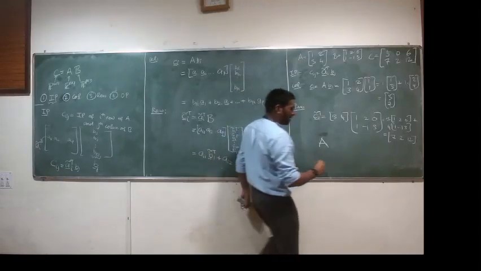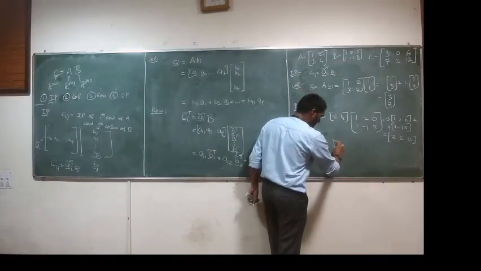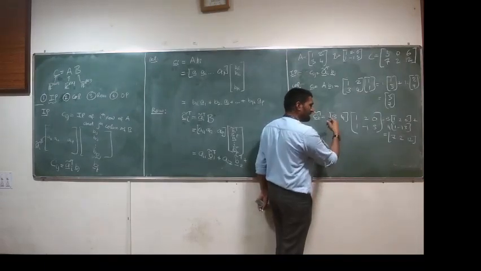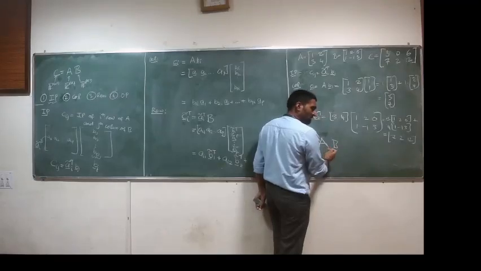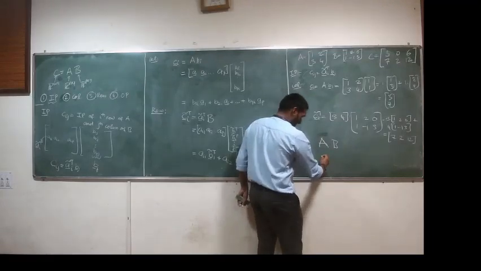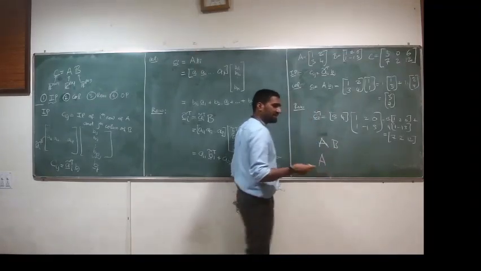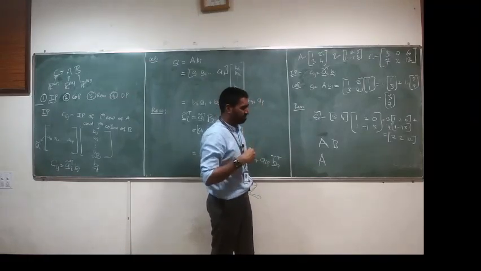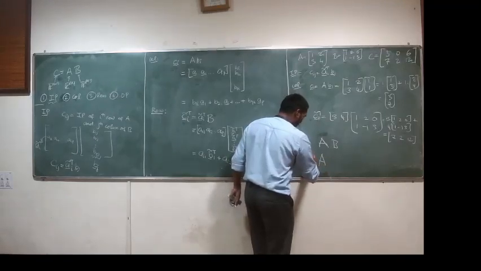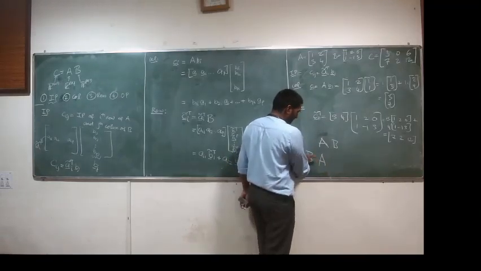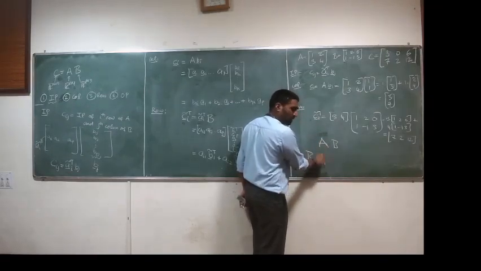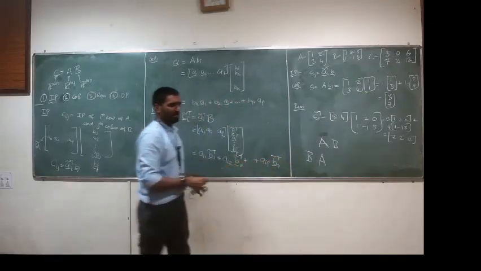Then all you have to do is post multiply this by a matrix B, and the elements in the columns of B will tell you the exact linear combination that you want to take of the columns of A. If you have A and the rows of A tell you something interesting, or you're interested in manipulating the rows, in the sense you want to take linear combinations, then you simply pre-multiply by the matrix B, where the elements in the rows of B will determine how you want to manipulate the rows of A. Is that clear?